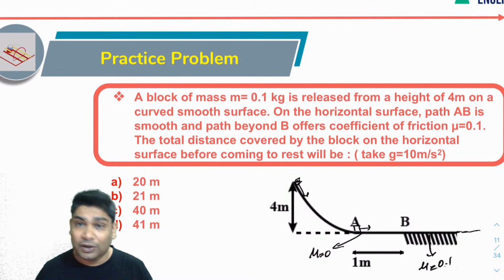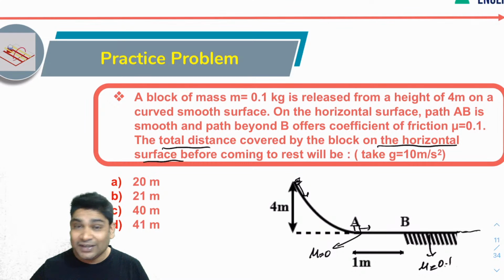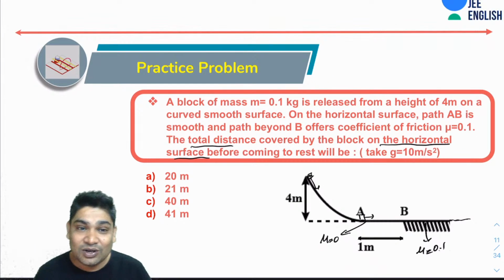Let's say this region extends up to infinity. What will be the total distance that the block will travel on the horizontal surface? That is what you have to find. This is a very easy problem, just to get you warmed up, to show you one very easy application of the work energy theorem.